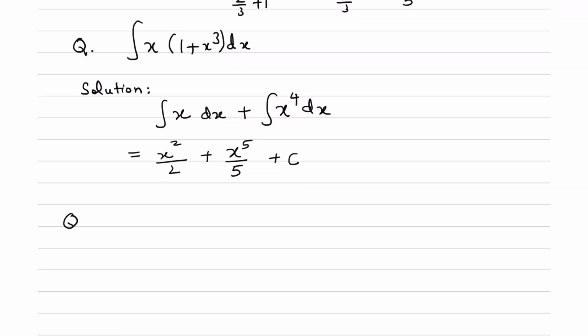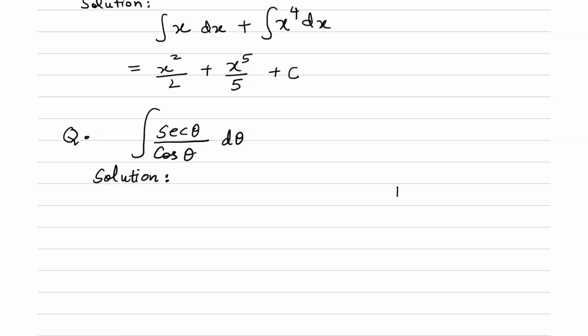Let's integrate secant theta divided by cos theta with respect to theta. We know that 1 over cos theta is also secant theta. So here we write the numerator secant theta as it is, and 1 over cos theta can be written as secant theta.